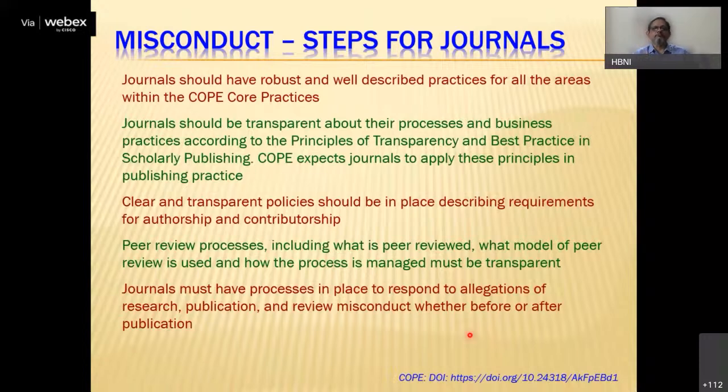Then the journals must have processes in place to respond to allegations of research, publication, and review misconduct, whether they happen before or after publication.